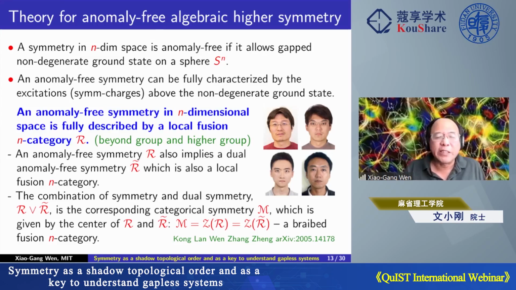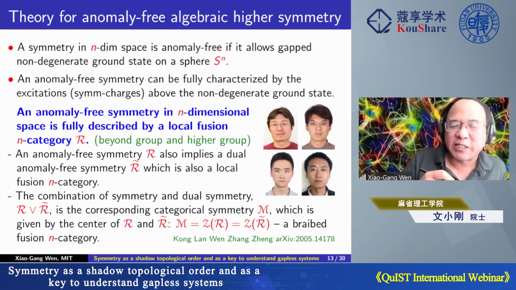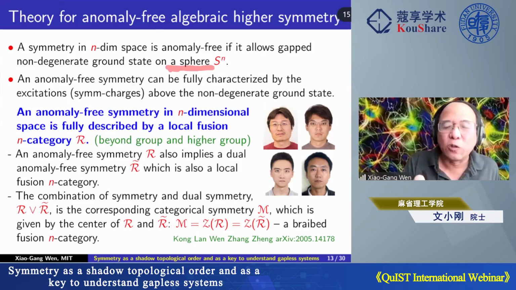When you have spontaneous breaking, the degeneracy will not be 1. Also, for anomalous symmetry, we may have either symmetry breaking, which has a degeneracy, or a gapless excitation. So again, this condition also removes the possibility of anomalous symmetry.